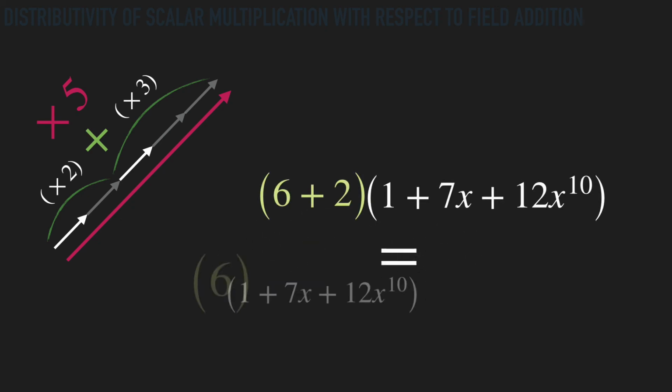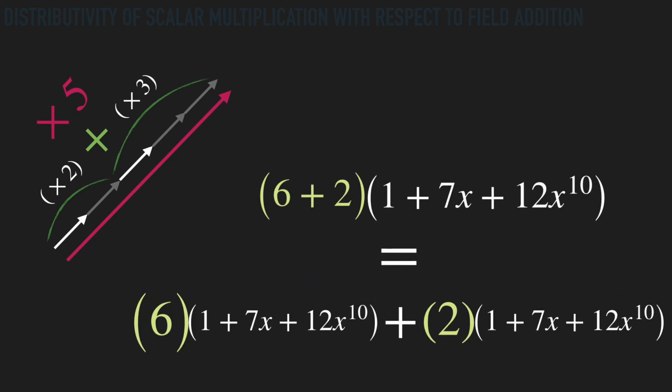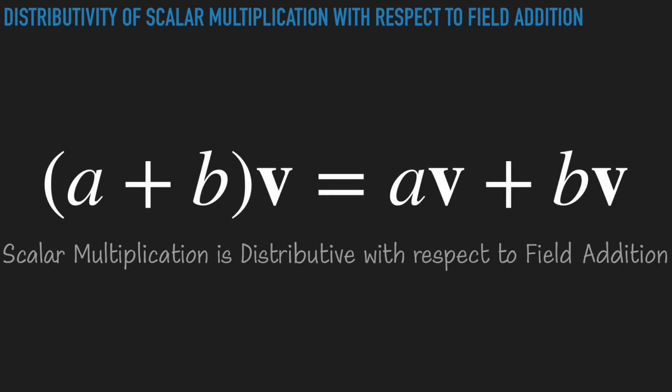The vector gets distributed. This is called the distributivity of scalar multiplication over field addition.